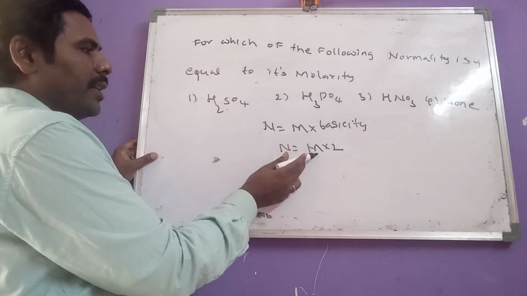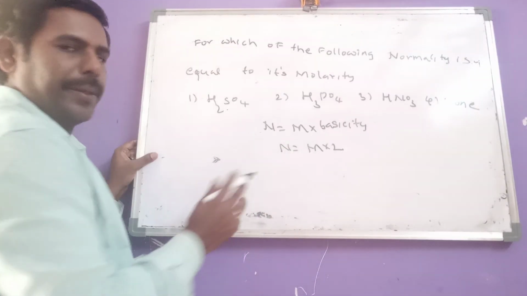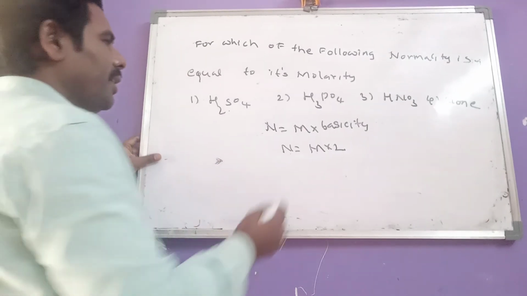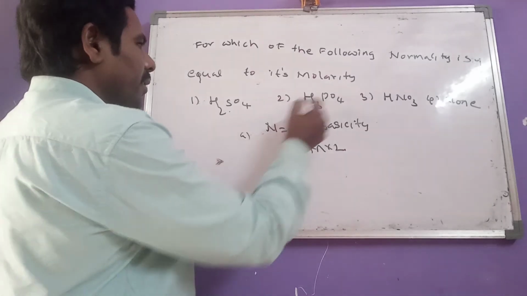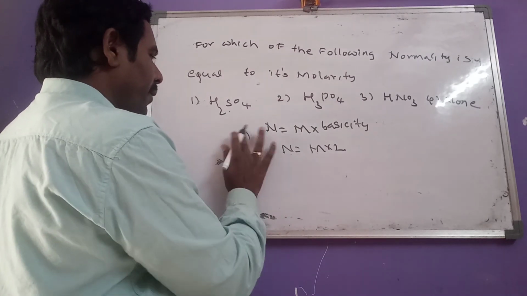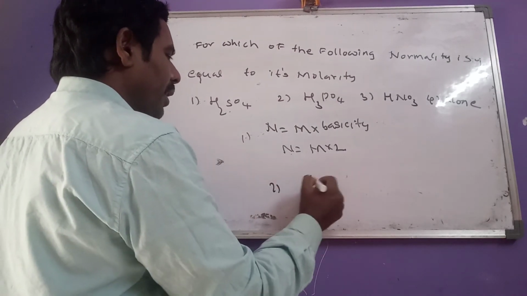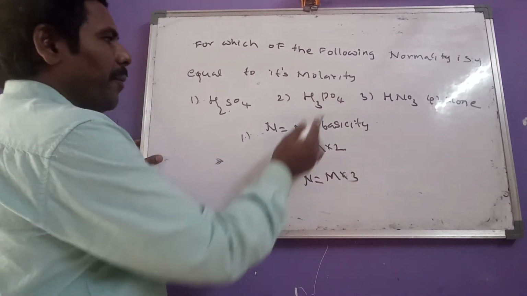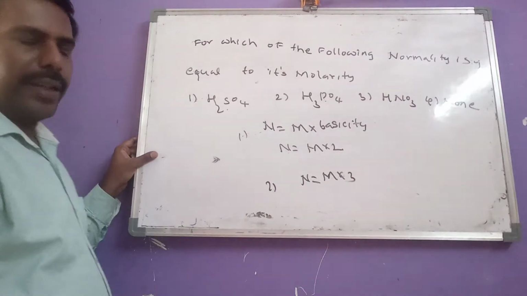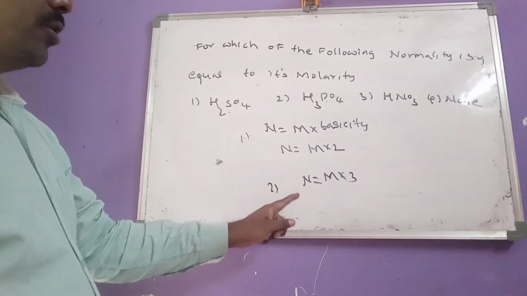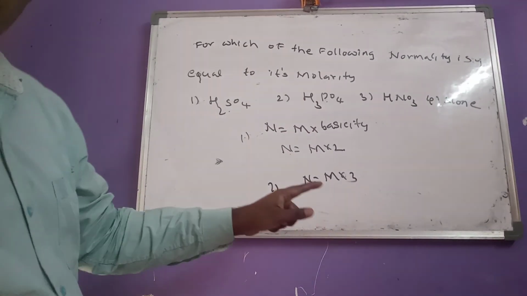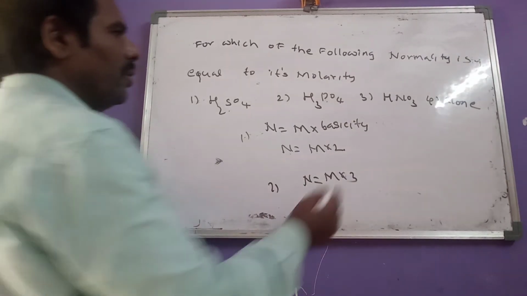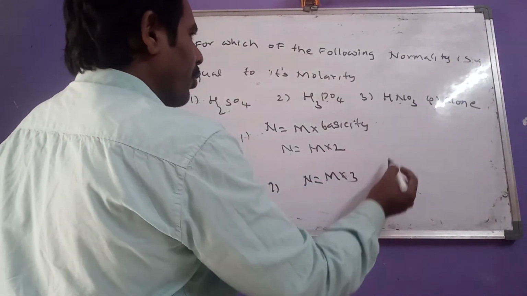That means normality and molarity are not equal for sulfuric acid. For H3PO4, normality equals molarity into 3 because its basicity is 3, so here also normality is not equal to its molarity. Now come to HNO3.